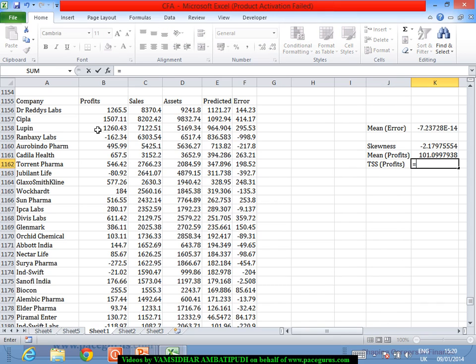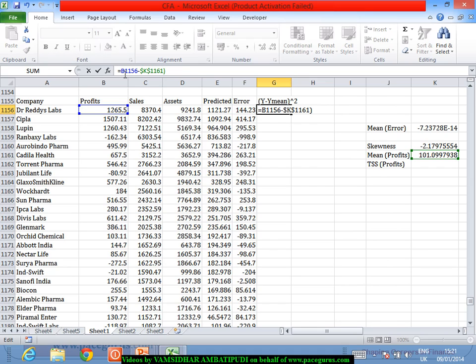When I am taking the total sum of squares of the profits, I'll use this formula: the sum of each value y minus y mean, squared.